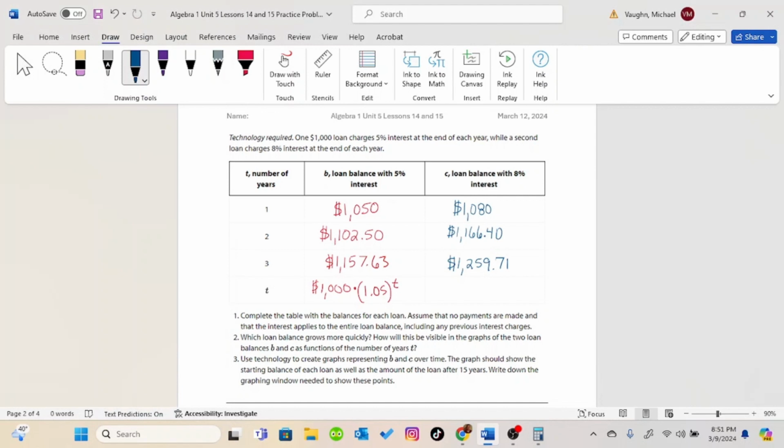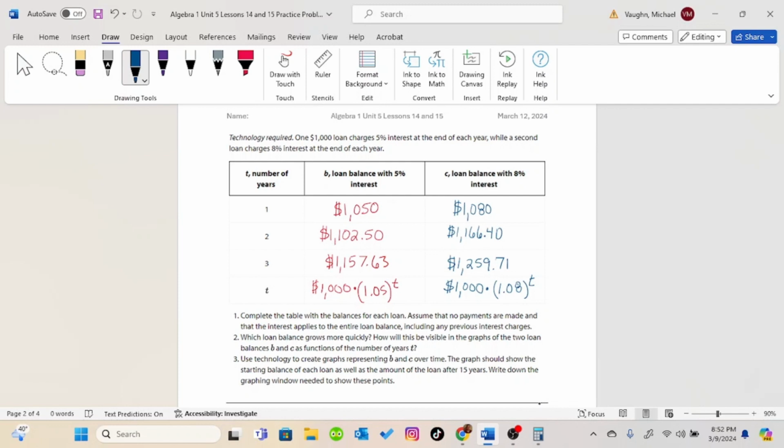So now we can see that extra 3% after 3 years has cost us approximately $102. And the expression we're using for this one is the original $1,000 times the growth factor of 1.08 for the 8% interest to the power of t, the number of years that we're doing it.